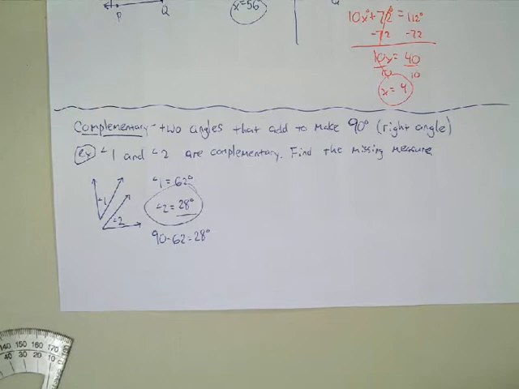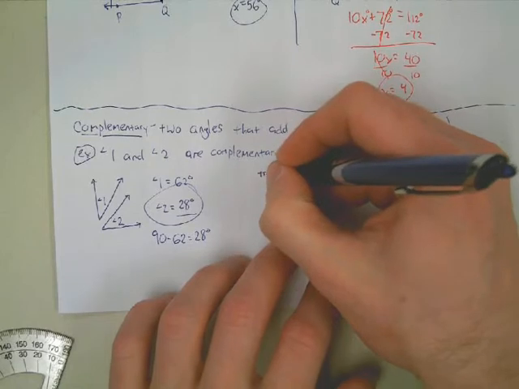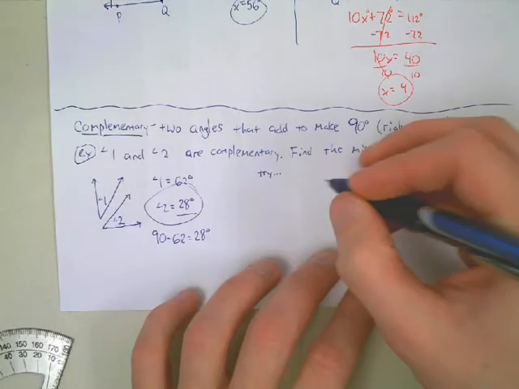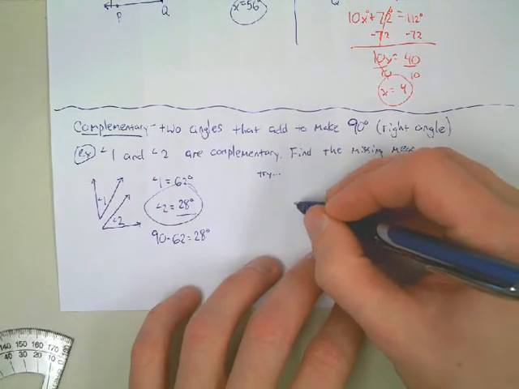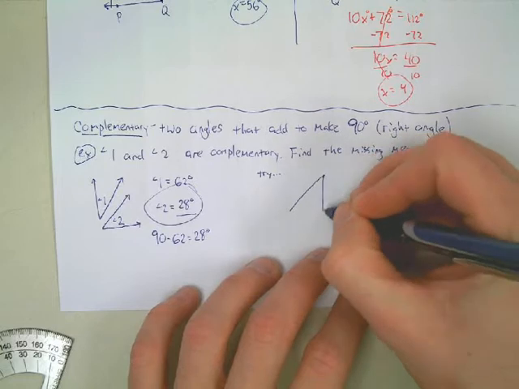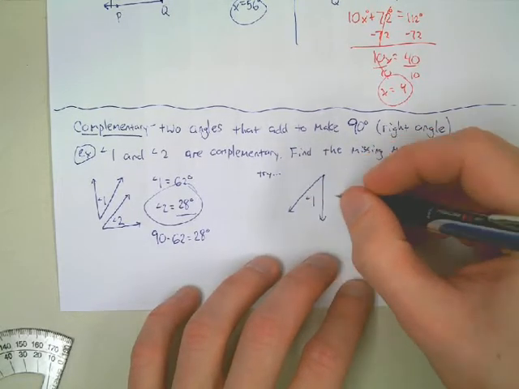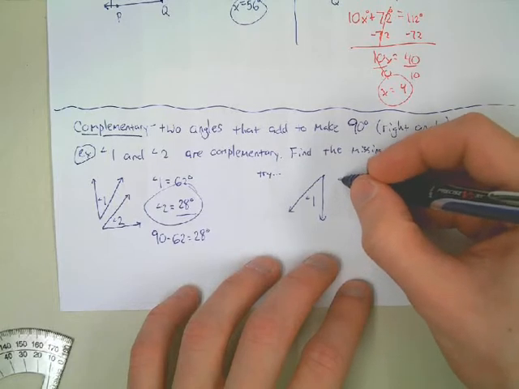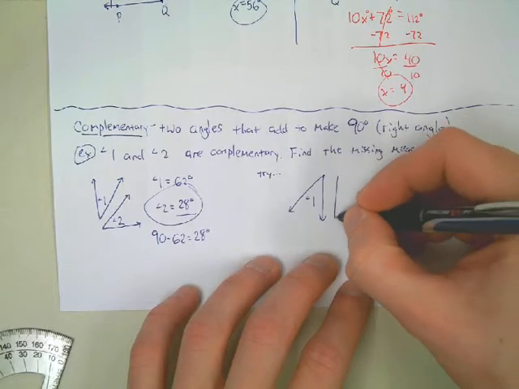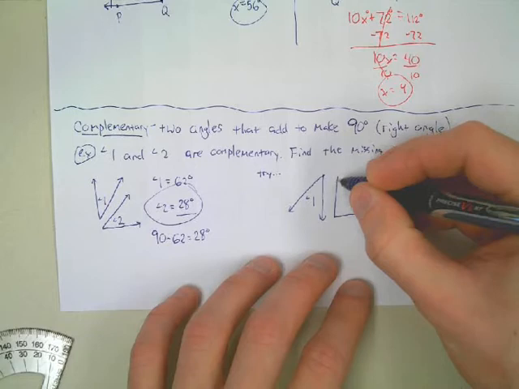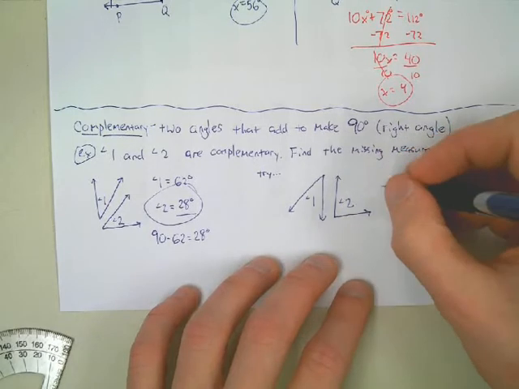All right. How about you guys try one here real quick then? I'll give you one. So you guys try this one. I'll say this is angle 1, and this is angle 2. And the measure of angle 1, that's what we're trying to find.